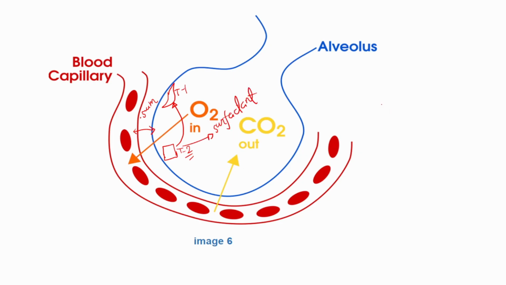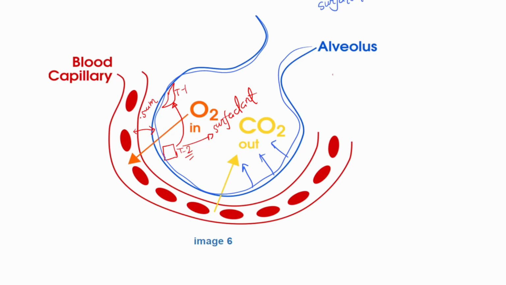Now, why do we need surfactant? Let's look at the physics of the alveolus. The inner surface of the alveolus is lined with a thin layer of water. Imagine like this. This is the thin layer of water inside the alveolus. Water molecules are highly attracted to each other, creating an inward pulling force known as surface tension.